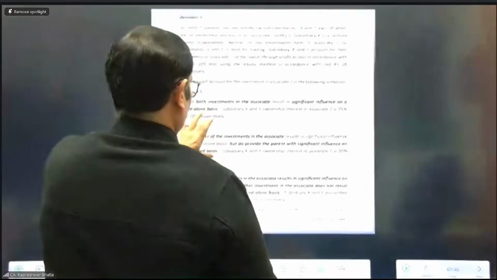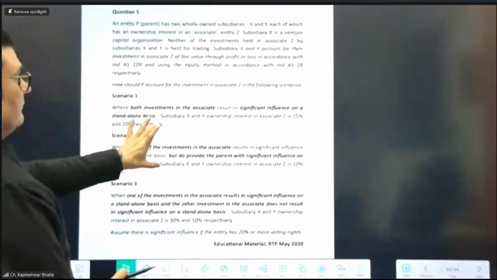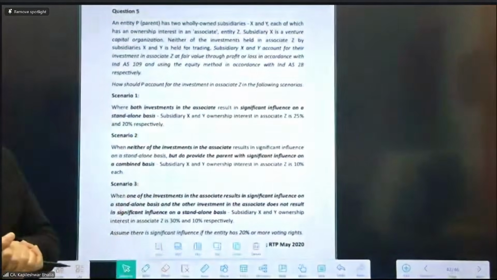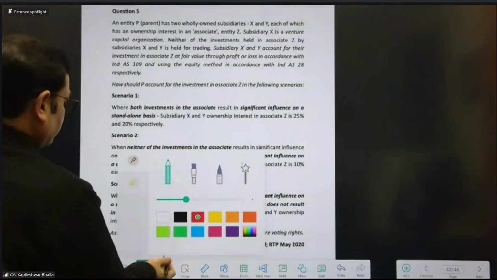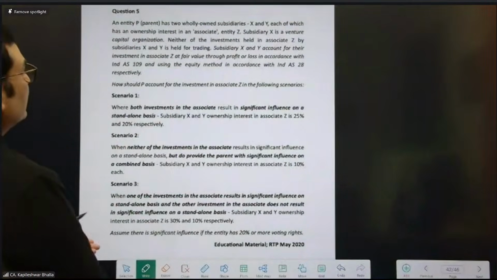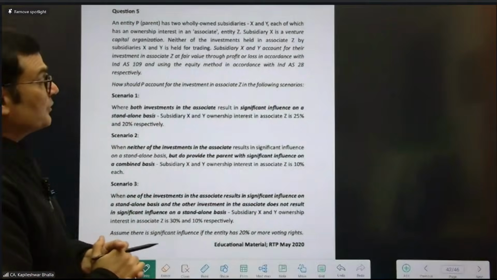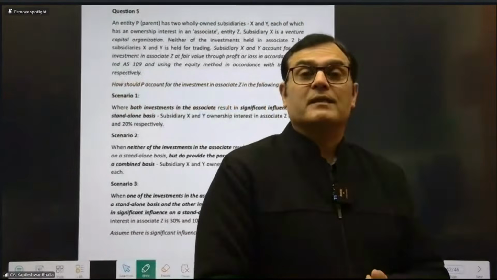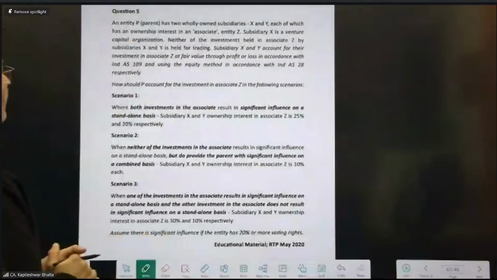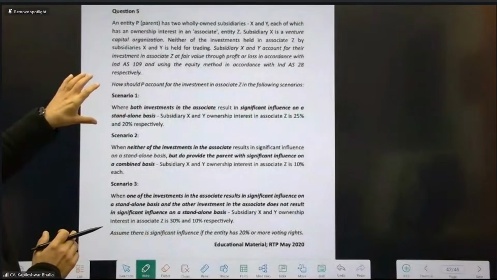So this question came in the revisionary test papers in May 2020, and it is also given in the education material on Ind AS 28 issued by the Accounting Standards Board. Let's read the inputs out here.